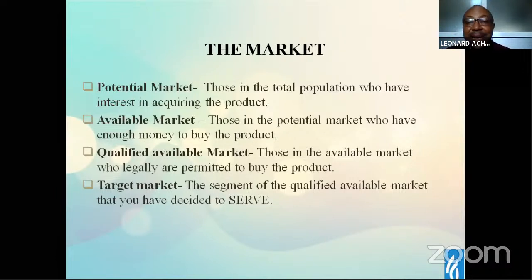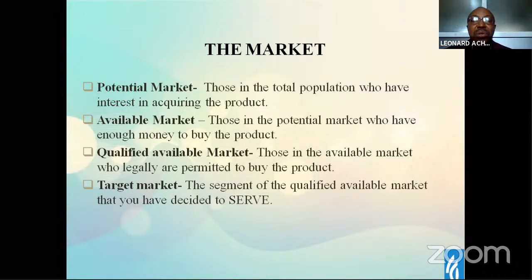When the buyers and the sellers meet in a particular place, it could be a market square, it could be your supermarket, it could be online trading, online marketing, on the internet. So wherever a transaction of exchange of goods and services takes place for a fee, it's called the market.